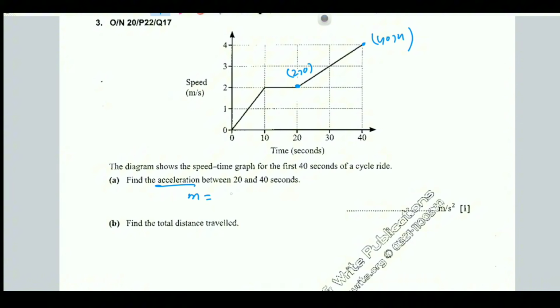So m is equal to 4 minus 2 over 40 minus 20, which is 2 by 20. 2 by 20 actually means 0.1. So this is the answer.